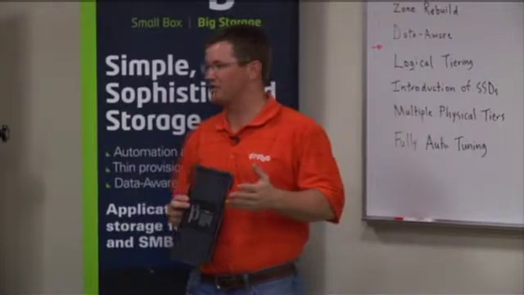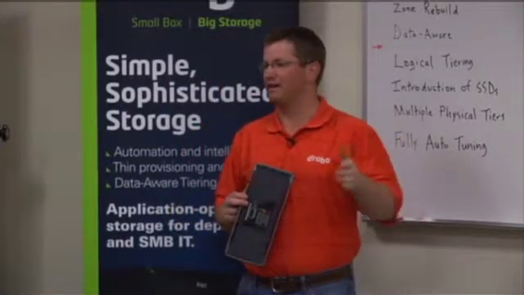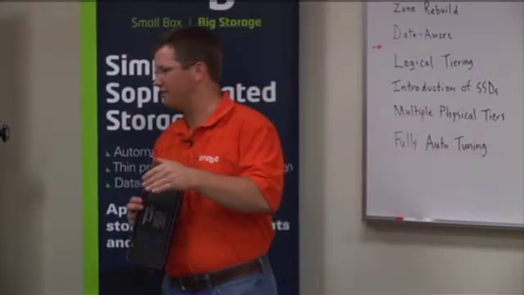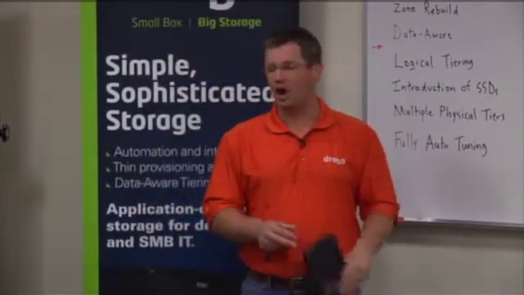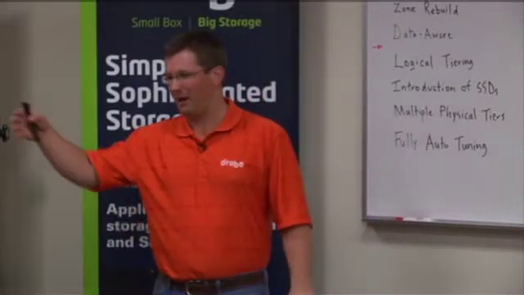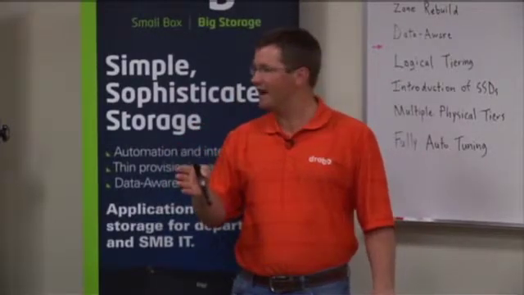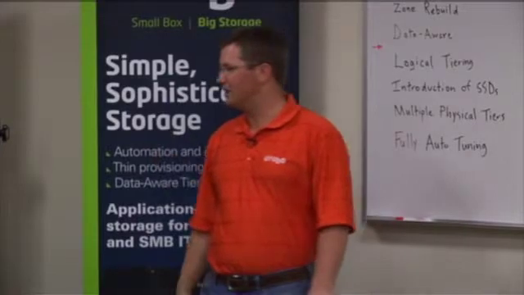Even though we're a thinly provisioned array, we have processes that prevent the user from ever running over the cliff. We do not allow the host to damage its file system by running over the cliff. We will incrementally start to slow down the acceptance of writes before it ever reaches 100%.